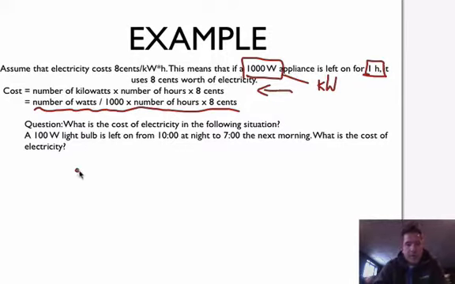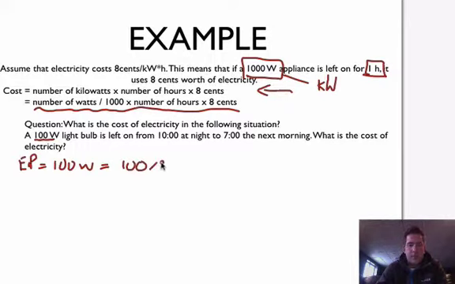So now let's take a look at this question. It says, what is the cost of electricity in the following situation? It says 100-watt light bulb. Well, right away I look at what I have. My electrical power is going to equal 100 watts, but I have to convert that into kilowatts. So I'm going to go 100 watts divided by 1,000.